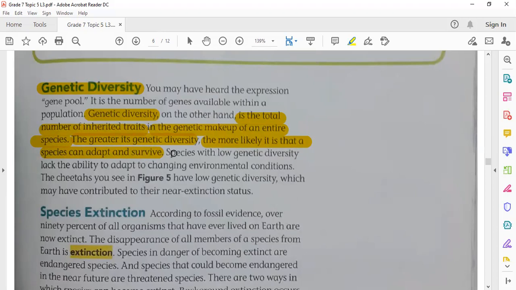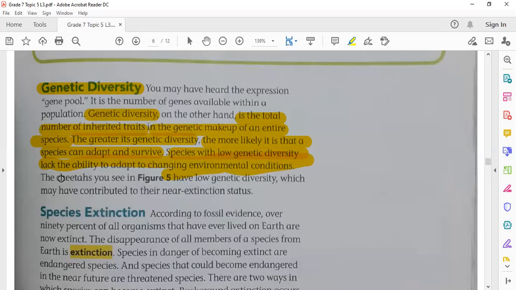On the other hand, species with low genetic diversity lack the ability to adapt to changing environmental conditions. So if the population has a greater genetic diversity, it is more likely to adapt to the environment and survive. If the species has low genetic diversity, it will lack the ability to adapt.